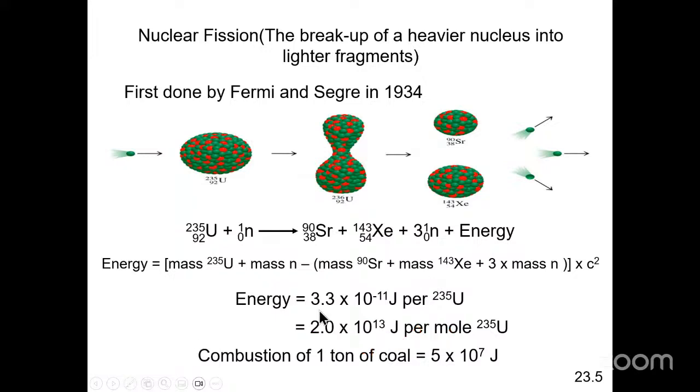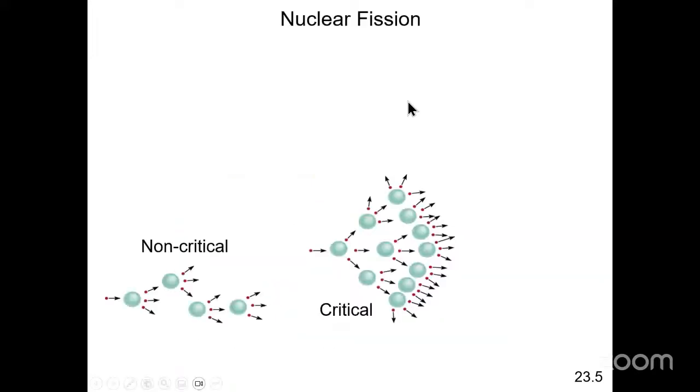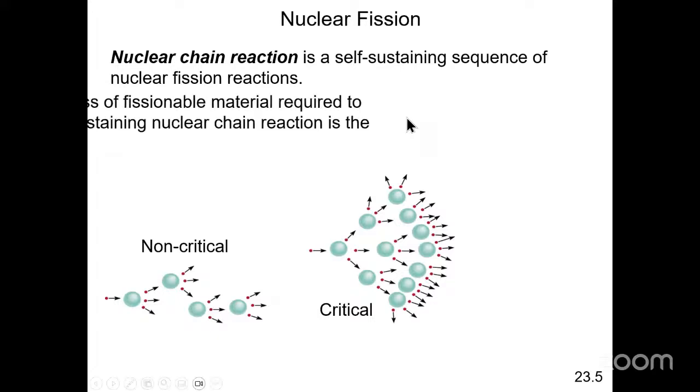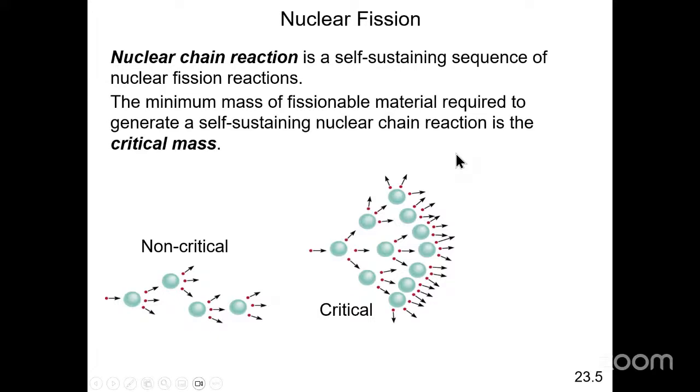Okay, so I described briefly the nuclear chain reaction that would occur in the type of reaction that I just showed you, right? So basically, as I said before, 1 neutron will hit the uranium-235, and that will produce 3 neutrons.